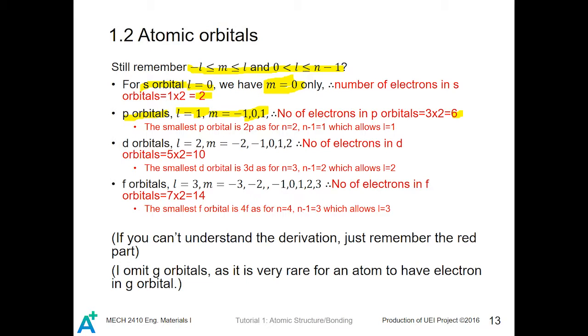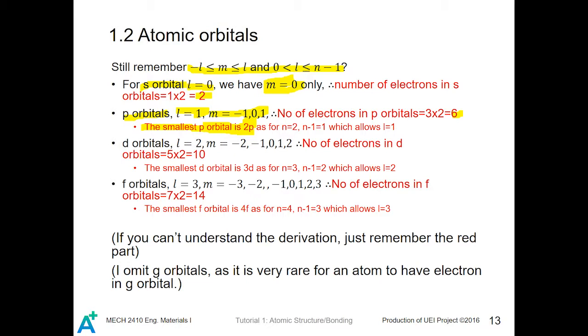And if you consider the n necessary, the smallest p orbital is actually 2p, because if n equals 1, n minus 1 is equal to 0, and that means L cannot be 1 for n equal to 1.